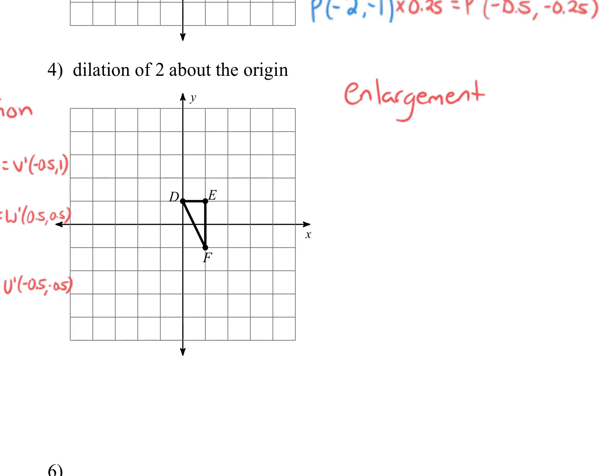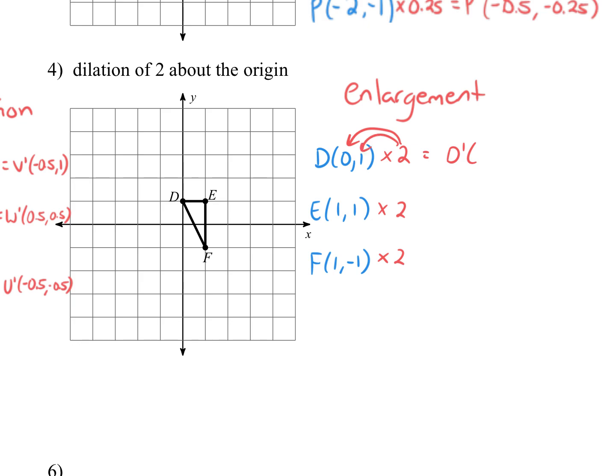What are D's original coordinates? 0, 1, E, 1, 1, F. Flip that. Yep, 1, negative 1. What am I multiplying by every single time? 2, because our scale factor in the directions says 2. D prime, what are its coordinates? 0, 2. So D prime ends up here.